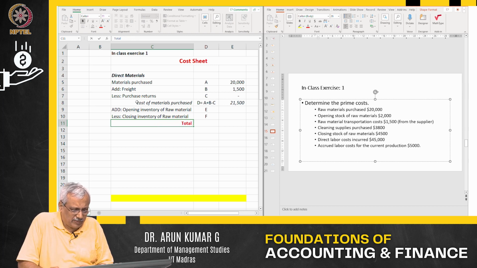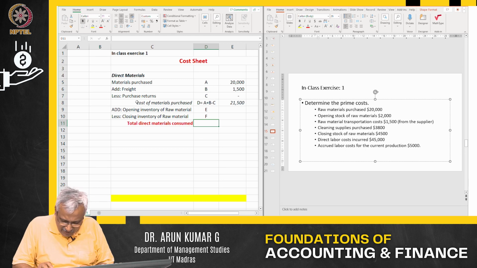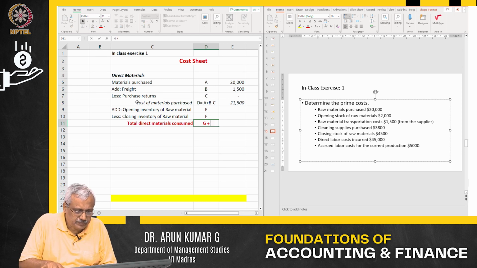Direct materials consumed, let me even specify it. That is G, which is equal to D plus E minus F.